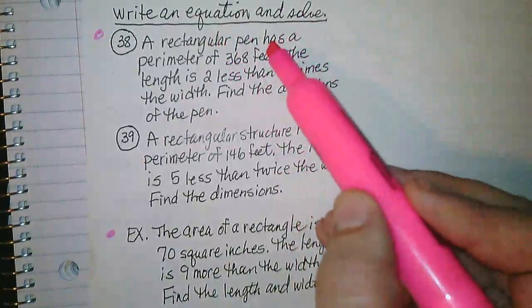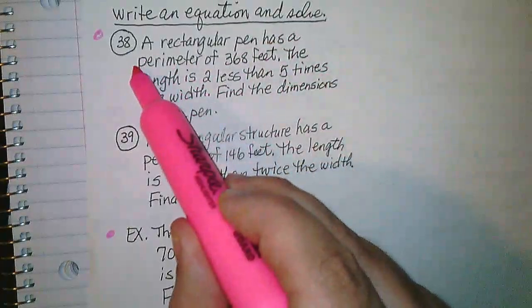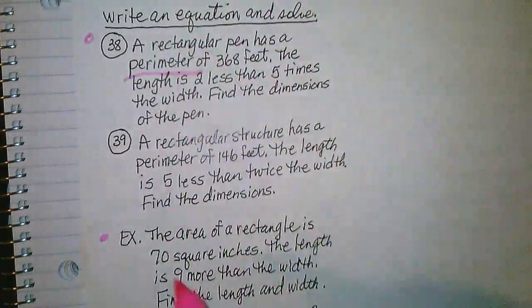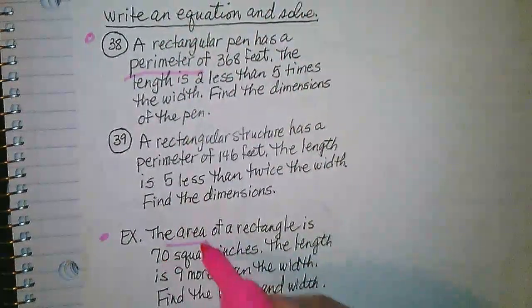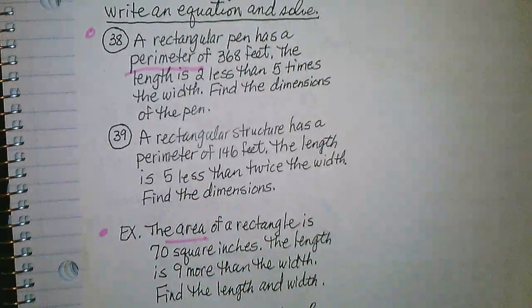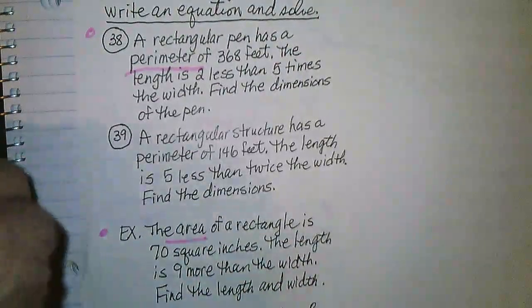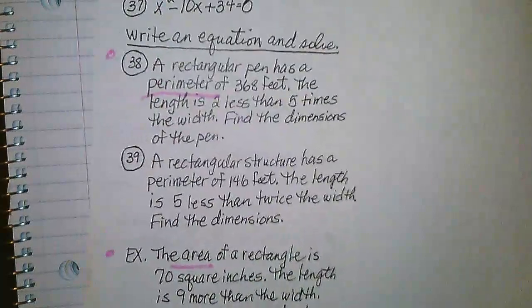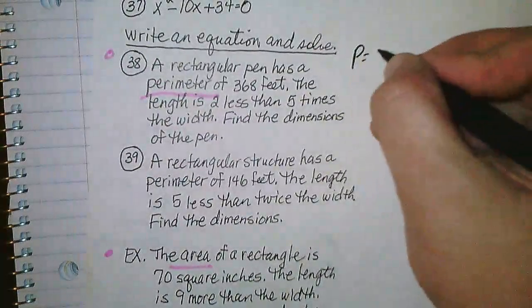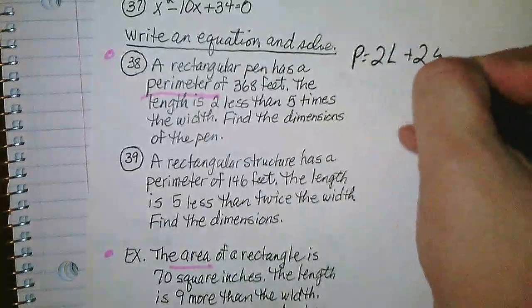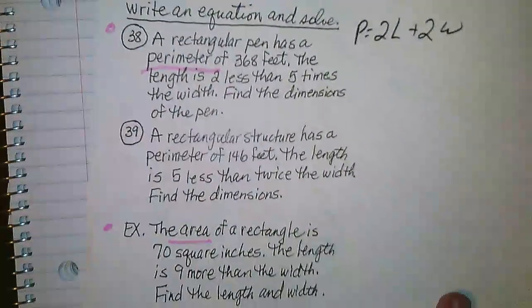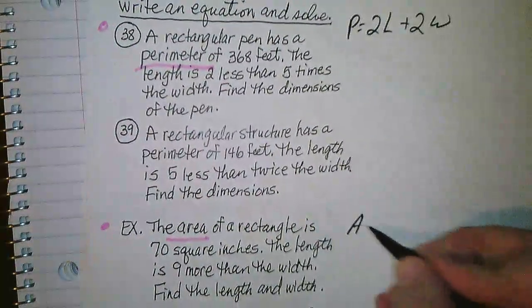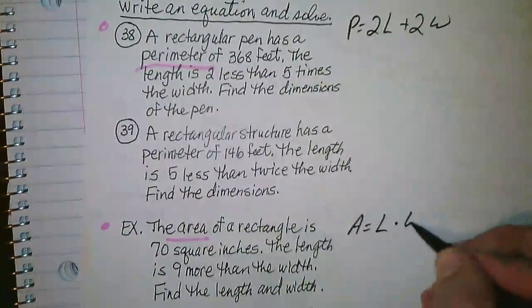One is about a rectangle that has a perimeter, and one is about area of a rectangle. If it's perimeter, and it will tell you in the problem, that formula is P equals 2L plus 2W. And if it's area, that's area equals length times width.